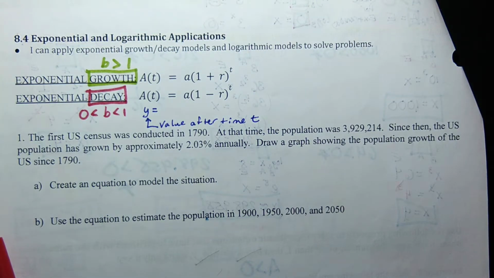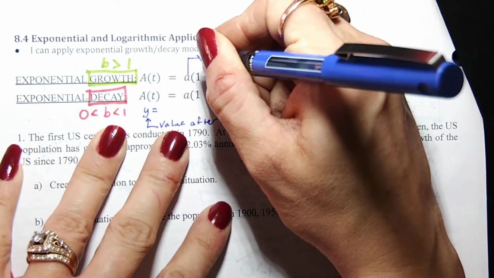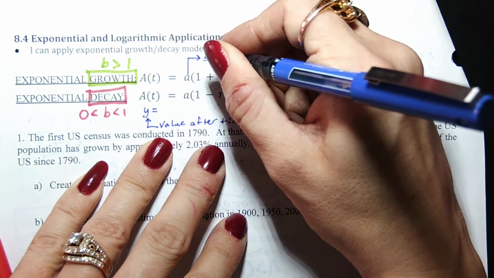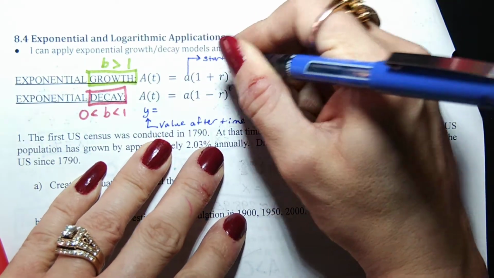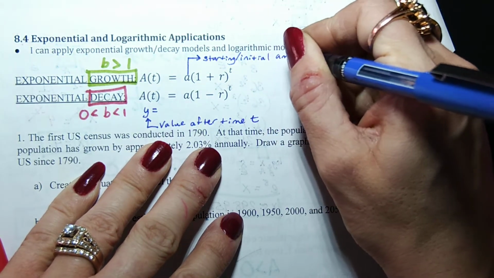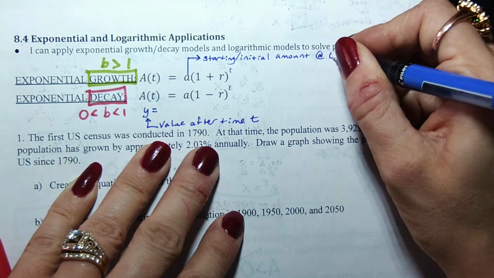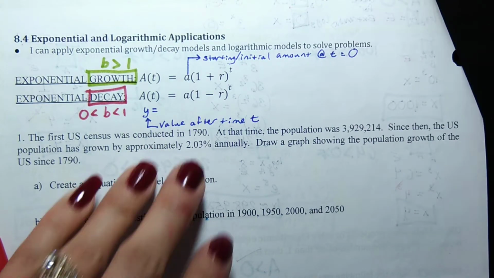So after some amount of time, how is our population exponentially growing, or maybe how is something exponentially decaying? The A stands for your initial amount or starting amount, so starting or initial amount at time 0.